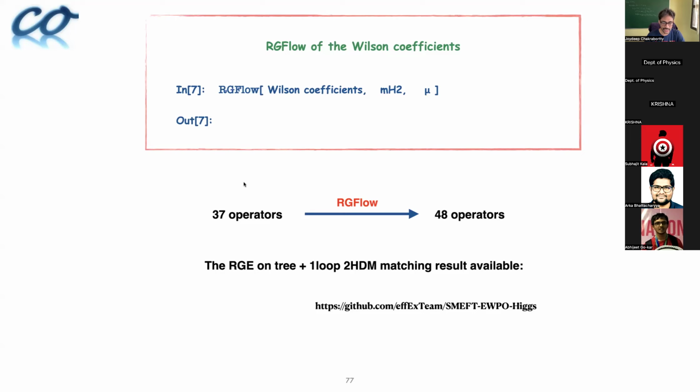For this particular case, you are generating 37 operators through the one loop matching, but if you perform the RG running to the electroweak scale, you will generate 48 such operators. And for those 48 operators, you will find out what kind of observables you are considering and whether all the operators are contributing there. And that will be the effect of your one loop matching plus the RG effect. And that will give you a neat and clean picture and a more robust analysis.